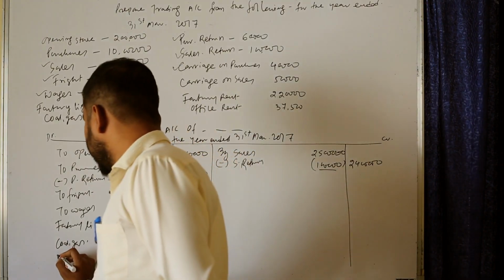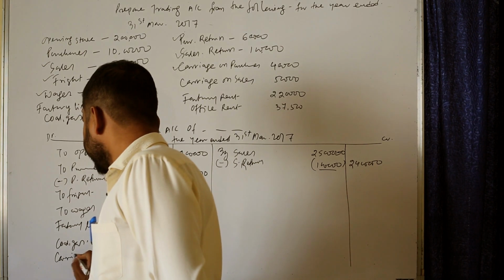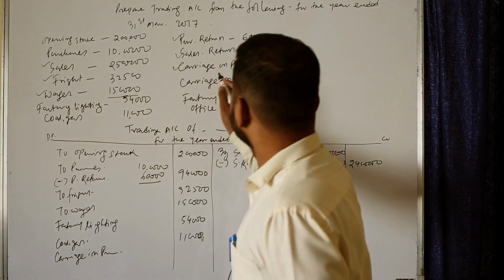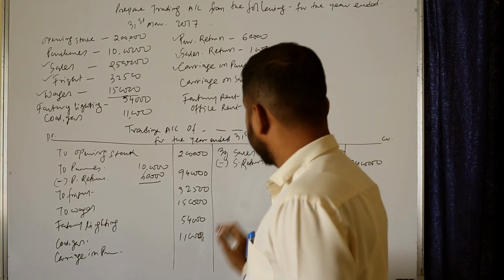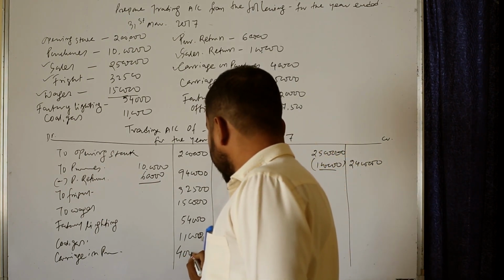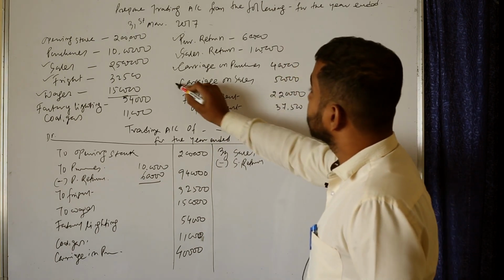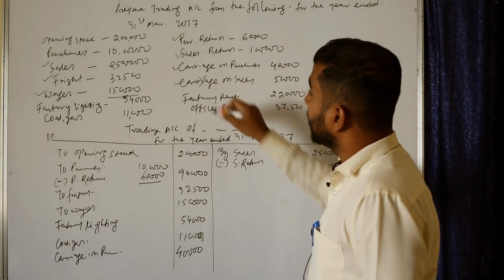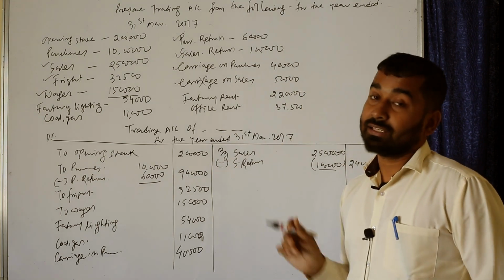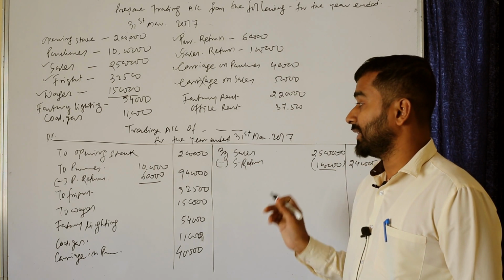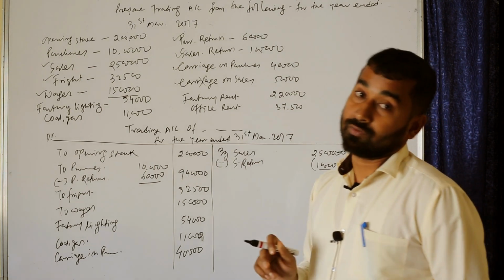So I can say carriage on purchases, how much? 40,000 I have taken. Next one is carriage on sales. It should not be counted because it is carriage outwards. We have already seen that only carriage inwards is part of the trading account, not carriage outwards.